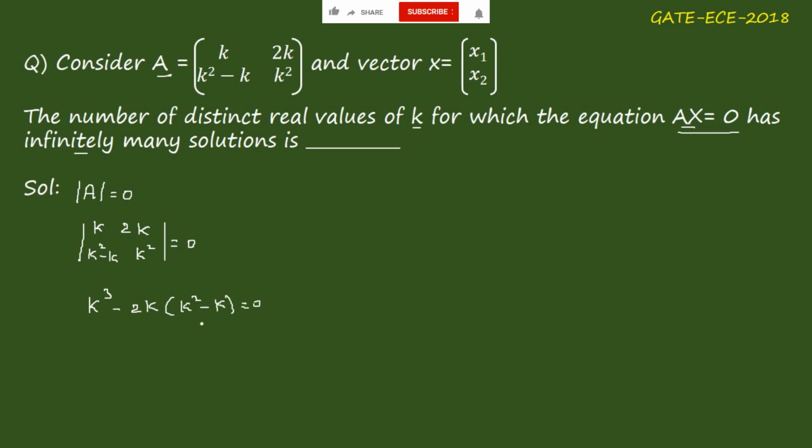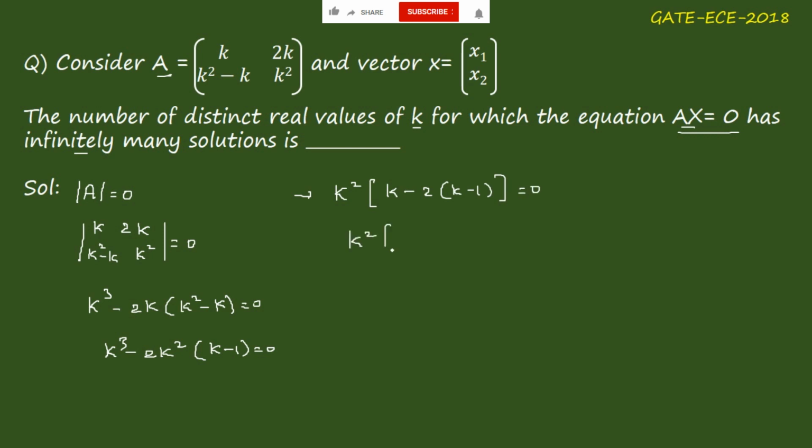Take k common from here. We get k cubed minus 2k squared into k minus 1 equal to 0. Take k squared common here. Then we get k squared into k minus 2 into k minus 1 equal to 0.